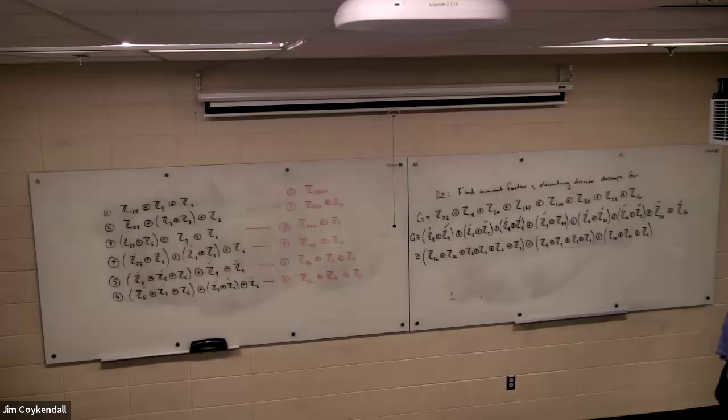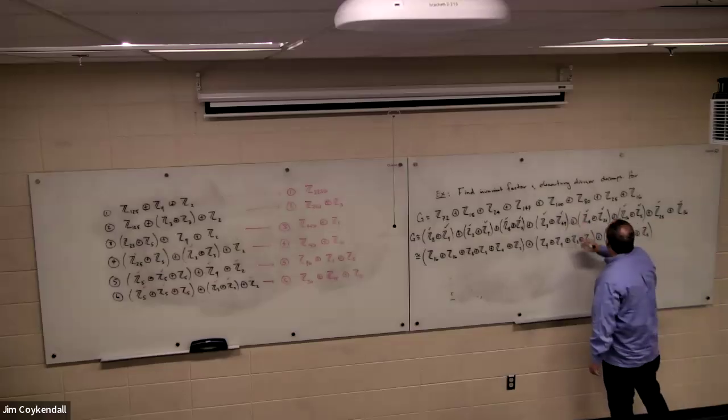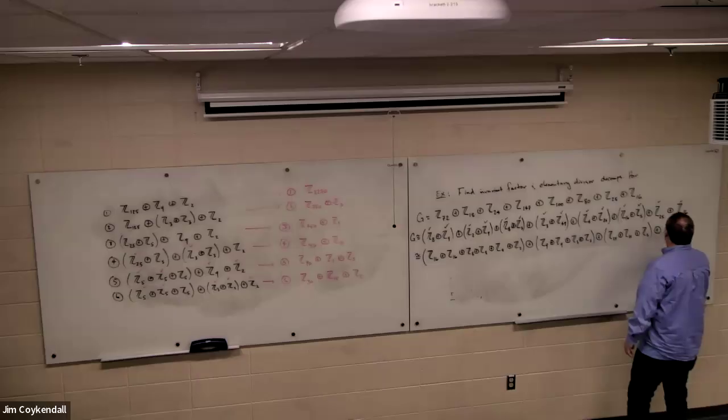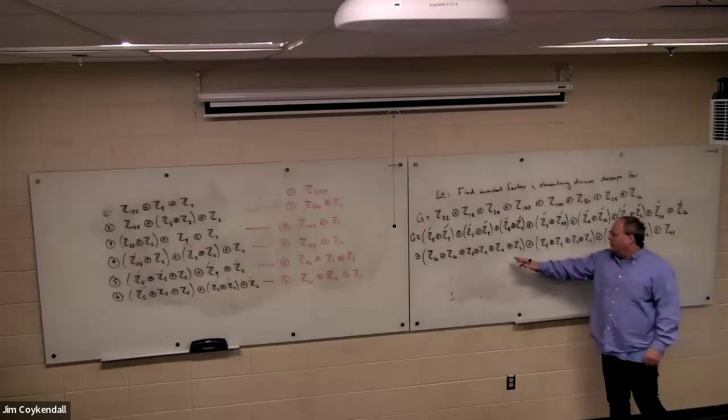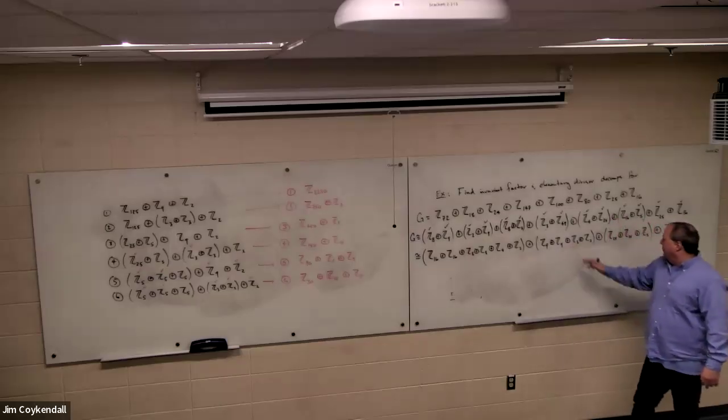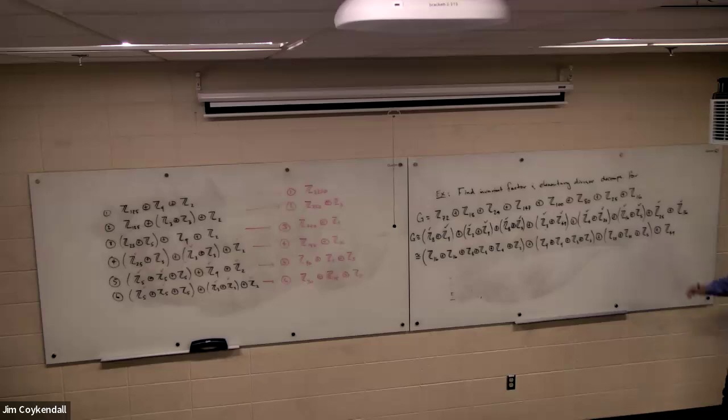And finally, it looks like the last thing I've got is Z49. There are 4 different primes that divide the order of this group. This is the Sylow 2 group, this is the Sylow 3 group, this is the Sylow 5 group, Sylow 7 group. Okay, any questions?